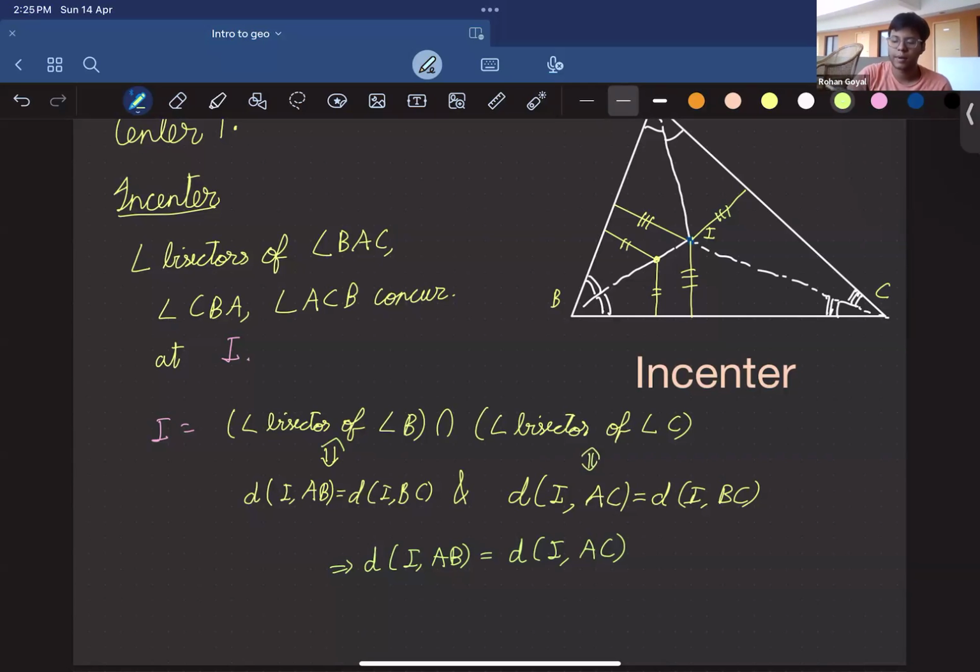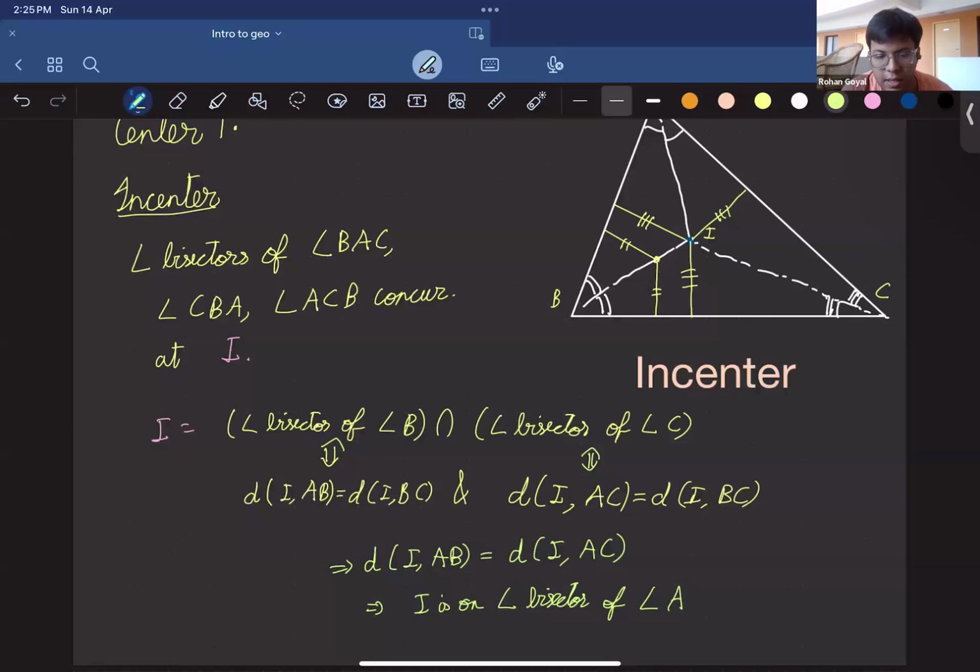And these conditions combine to say that I is on the angle bisector of angle A. So I is actually on all three angle bisectors. And sorry, please continue. I interrupted you.